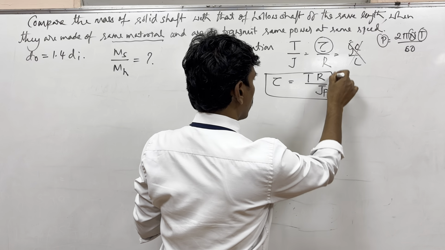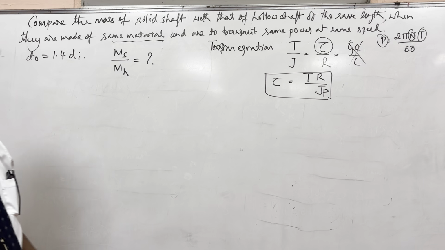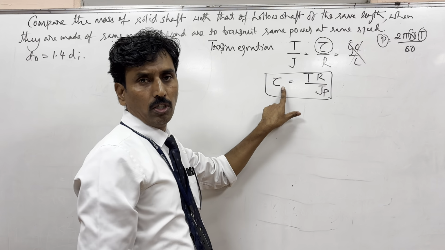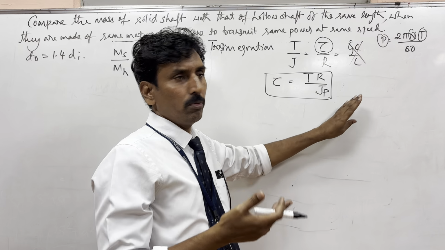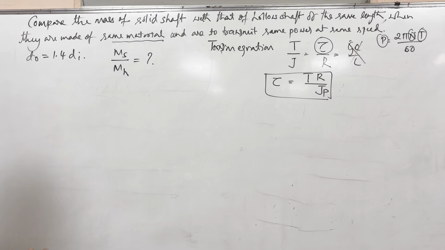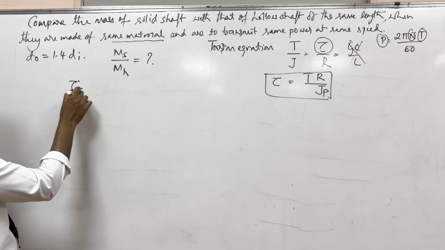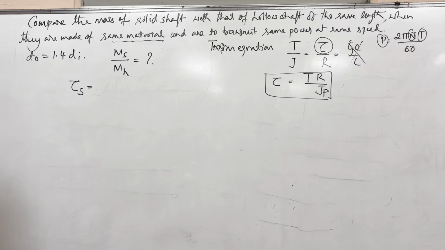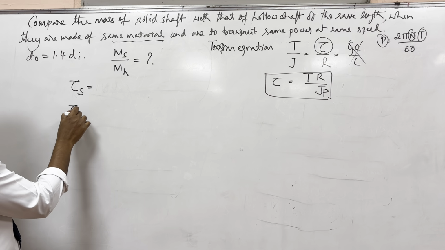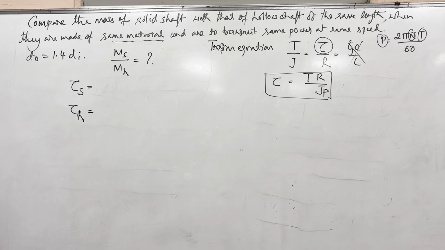This is the shear stress in the material, the shear stress for the solid shaft, and also the shear stress which has to be implemented for the hollow shaft. So let us now compare the shear stresses for the solid shaft and the hollow shaft.